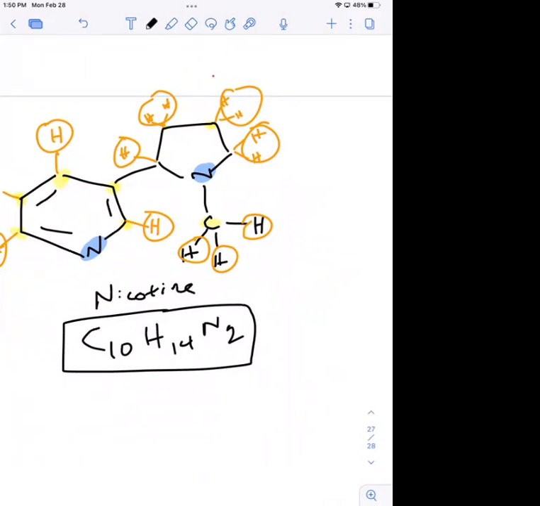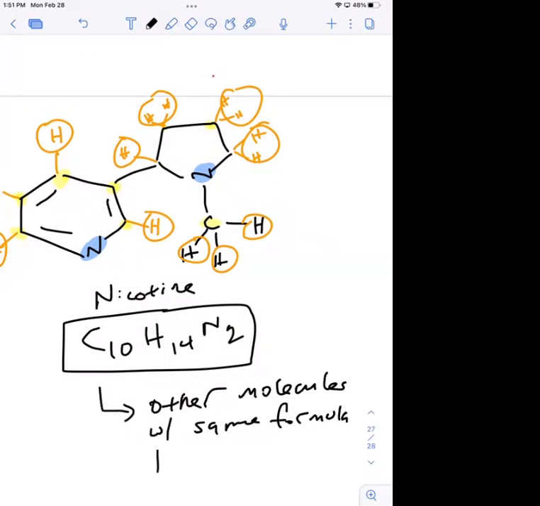So if it's 10 carbons, you may be talking about hundreds or even thousands of compounds that can have this exact same molecular formula, but a different structure. So there are other molecules with the same formula but different structures.